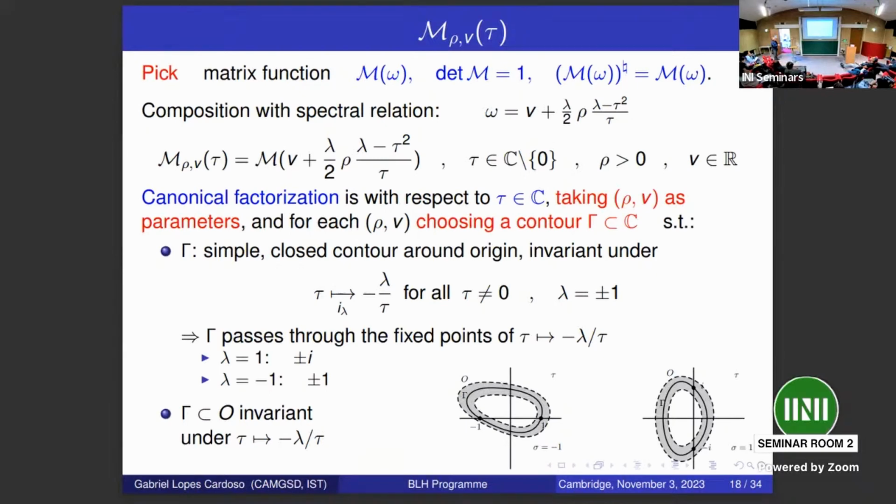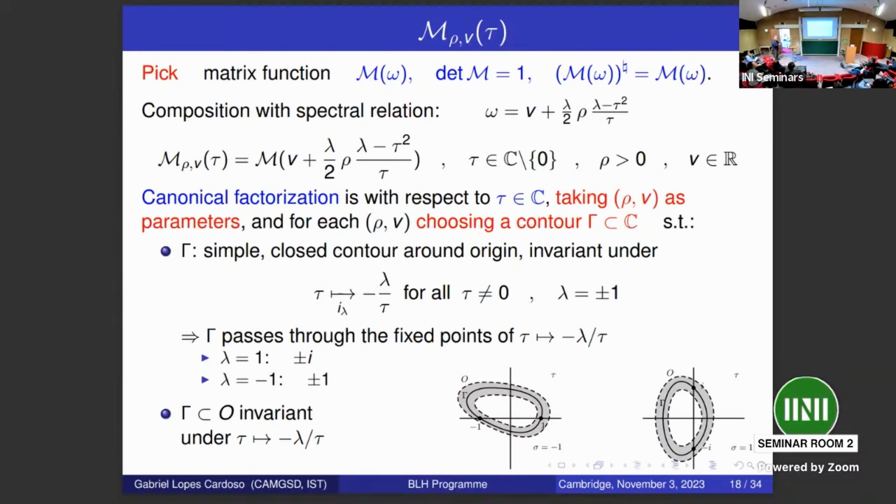If lambda is minus 1, they are at plus minus 1. Remember, lambda told you whether rho and v were space-like or one of them was time-like. So the curve, since it's chosen to be invariant under this, will have to pass through the fixed points. And that's what you see in these pictures here: the fixed points at 1 and minus 1, and the fixed points at i and minus i.